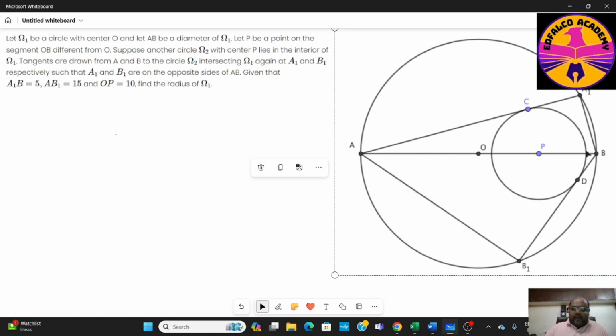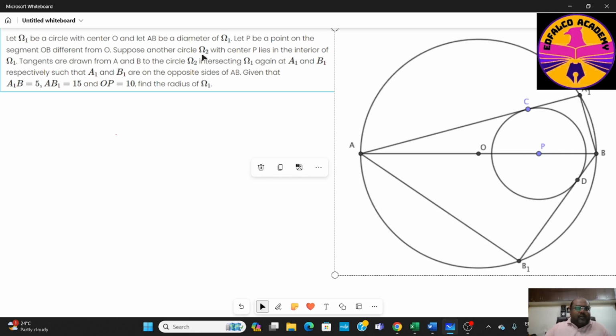So line AB is the diameter of this sigma 1. AB is the complete diameter. Let P be a point on the segment OB different from O. So on the segment OB there is a point P. Any point, anywhere between O and B, and that point P is different from O. That's what it is saying.